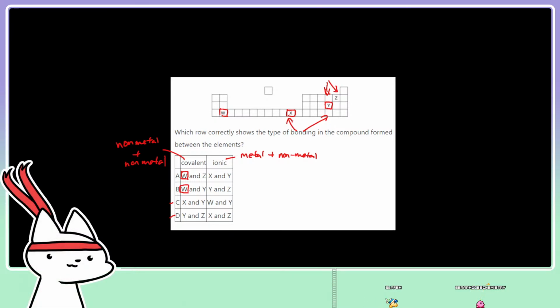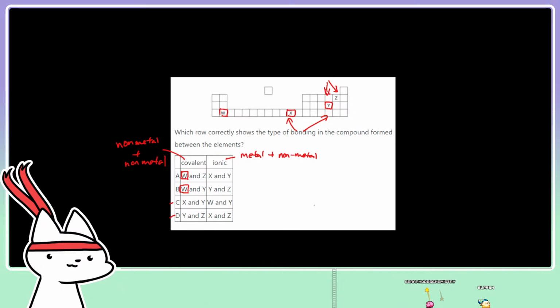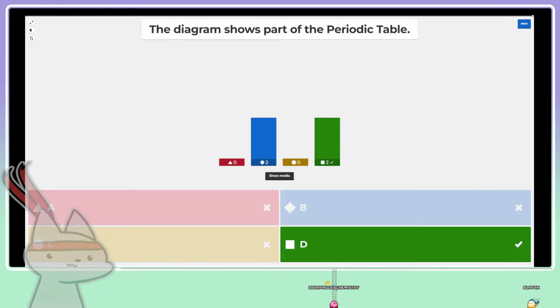X and Z is metal, non-metal. W and Y is possible, but in this case X and Y is metal, non-metal, so this is also a metal, so C is also out. If you identify all the metals, the answer automatically should be D, because covalent is non-metal, non-metal, whereas ionic is metal, non-metal. Okay. Moving forward.